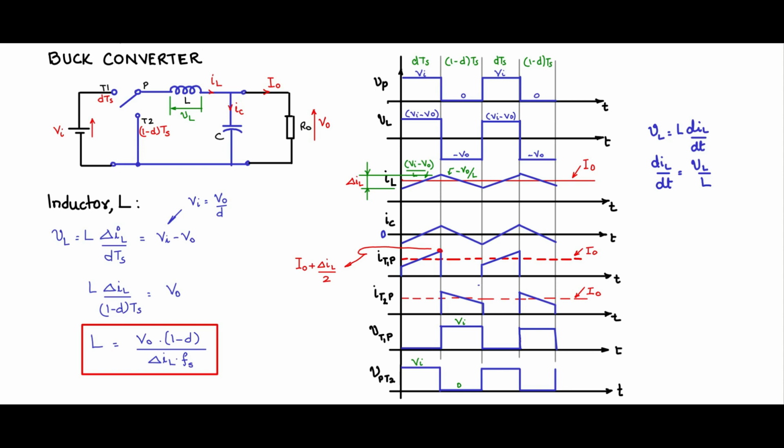So now what I will do is copy these waveforms which we had drawn for the buck converter and place them along with the forward converter, and in comparison change the values and the notations.